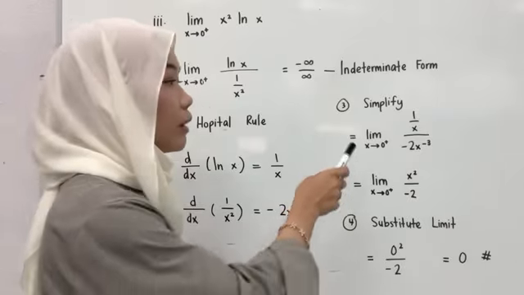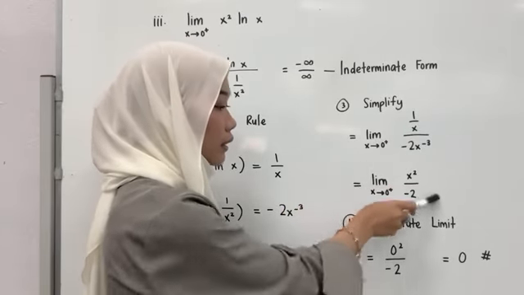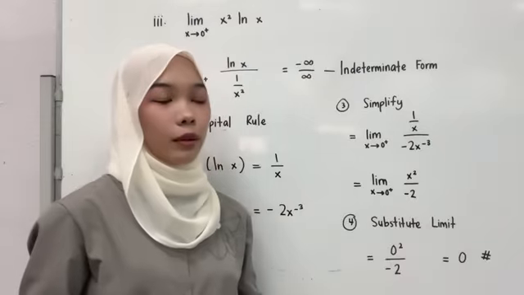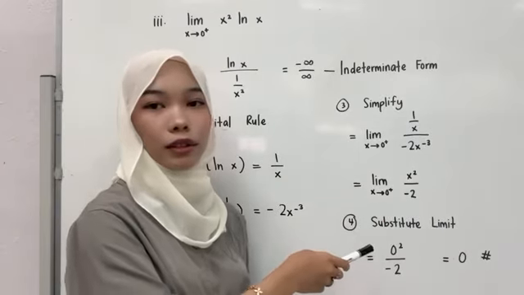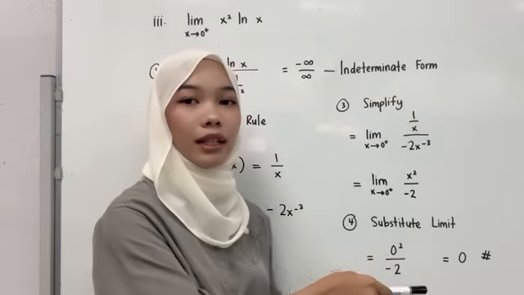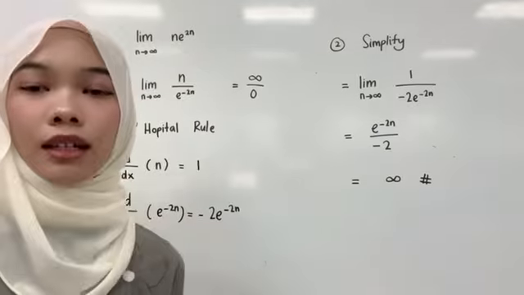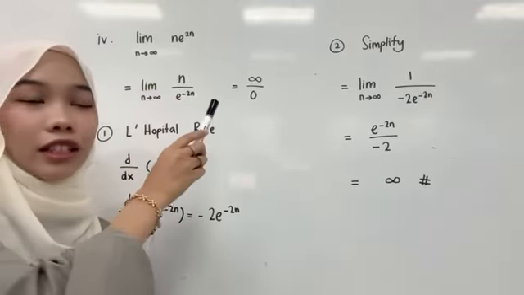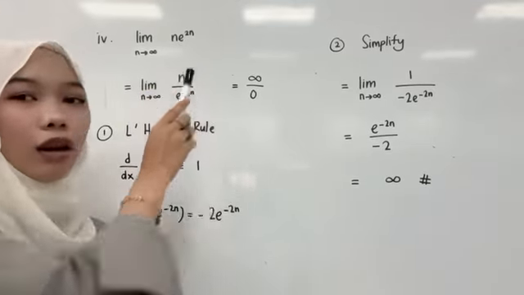Then we can simplify this equation and we will get this. After we simplify, we can substitute the limit 0 to the power of 2 over negative 2, and we will get 0. That's the answer.